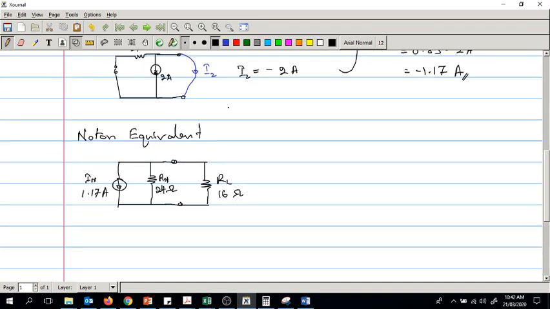Current through RL, if you label the current through RL as downwards IL, we can use the current divider rule.